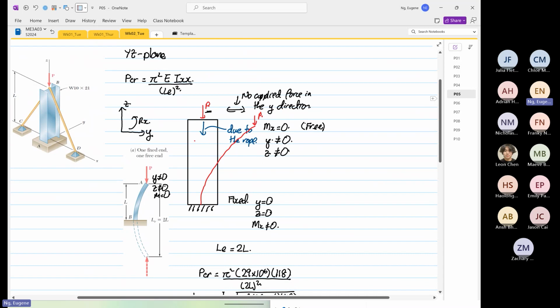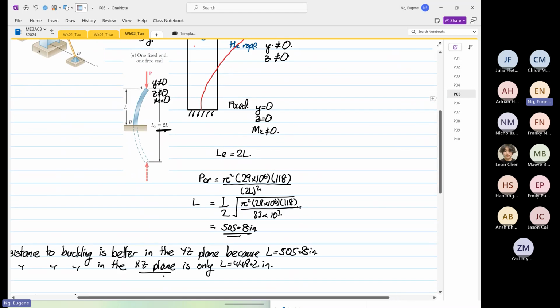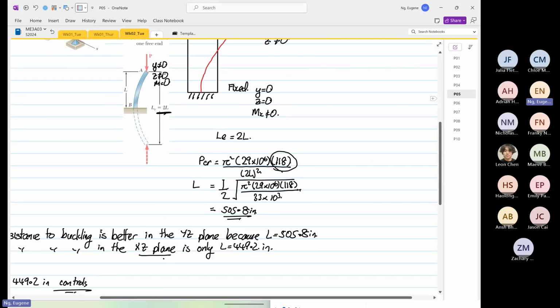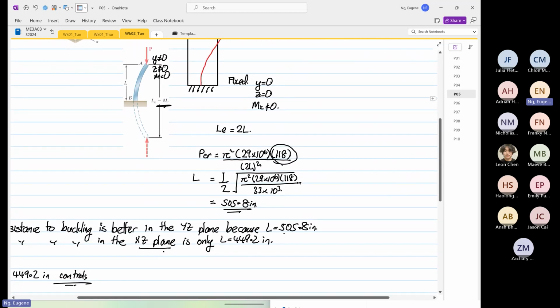So L now becomes 2L, we thought it's going to be weaker. No, it's the stronger side because the second moment of area is very high. It's 118, and the other direction is only 11.4. It's about 10 times stronger in second moment of area, or I. So that resistance pushes the LE to be what?